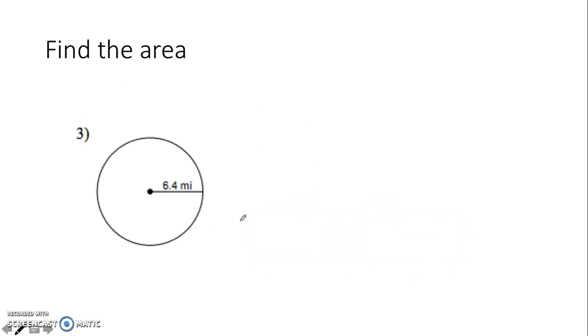And the last example that we're going to be doing together is a circle that has 6.4 as the unit of measure. So you need to find the area, so we're going to write down our formula once again. Area equals pi r squared.